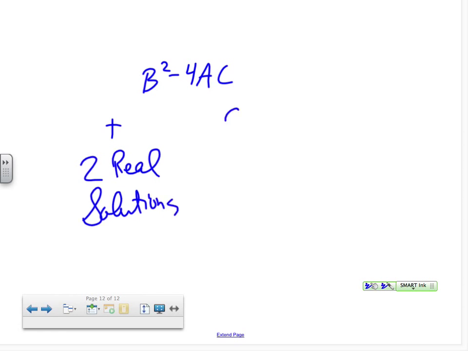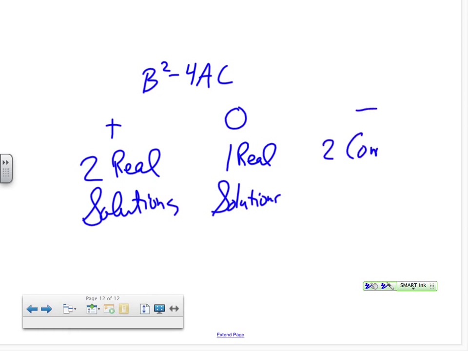If our discriminant is 0, there is one real solution, which counts as a double, meaning it's on the vertex. And if it's negative, there are two complex solutions, meaning there is a real and or imaginary component. Definitely has the imaginary, may or may not have the real.